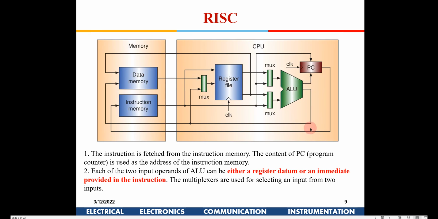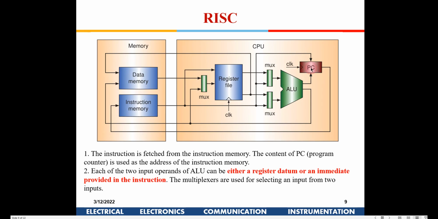But the ALU will give an address to the data memory. That address will be processed by the ALU and given to the data memory. There is also a program counter which keeps track of the actual program we have written.